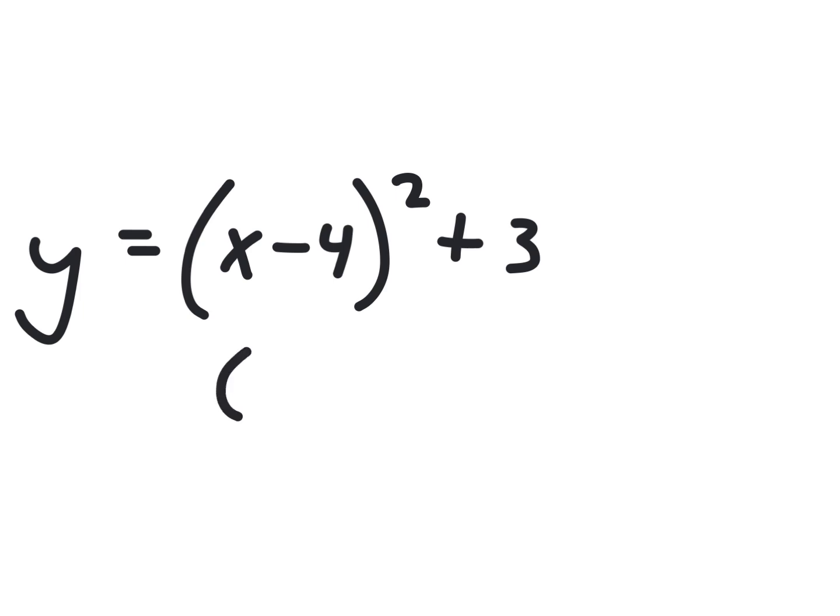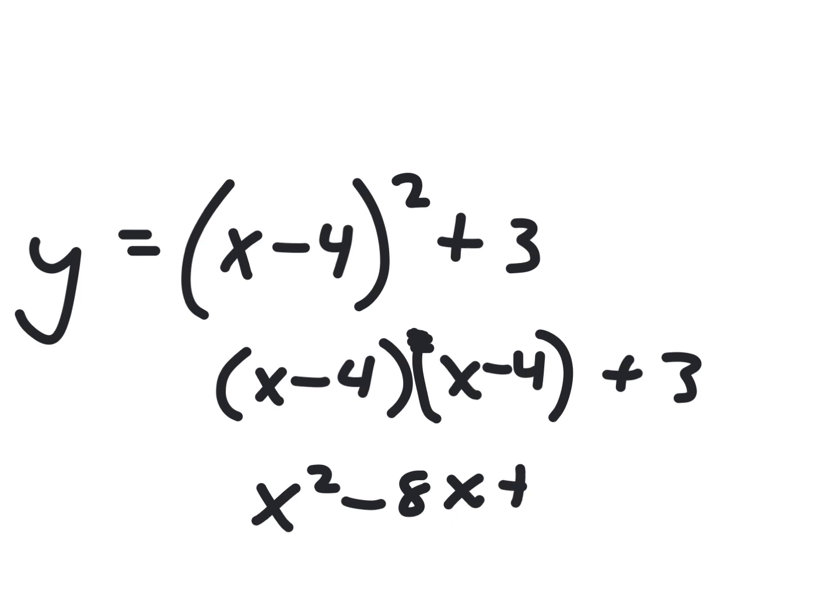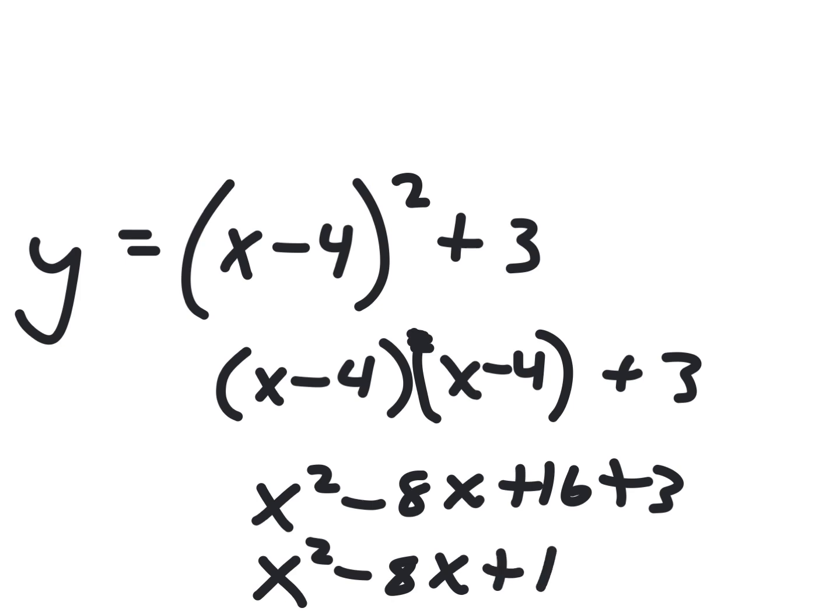Did you know that you had to multiply it out first before you could factor it? X minus 4 times x minus 4 plus 3. X squared minus 8x plus 16 plus 3. So x squared minus 8x plus 19.